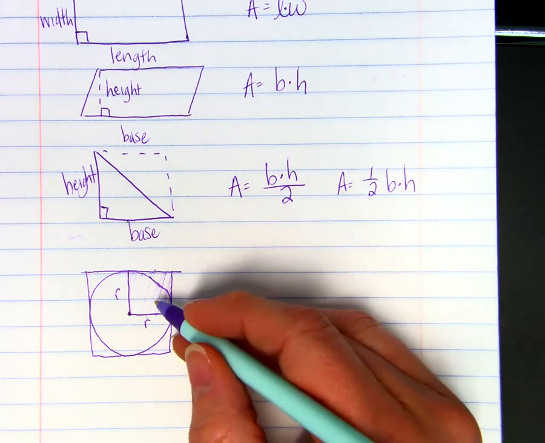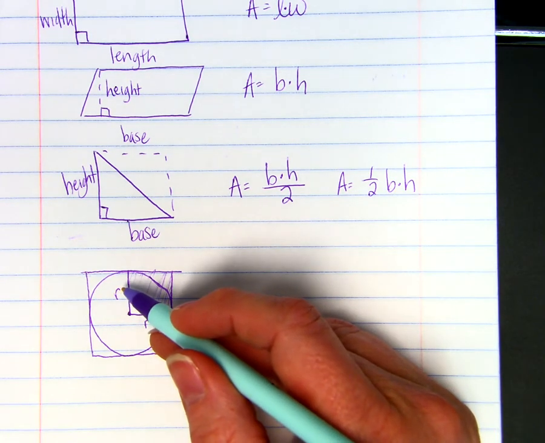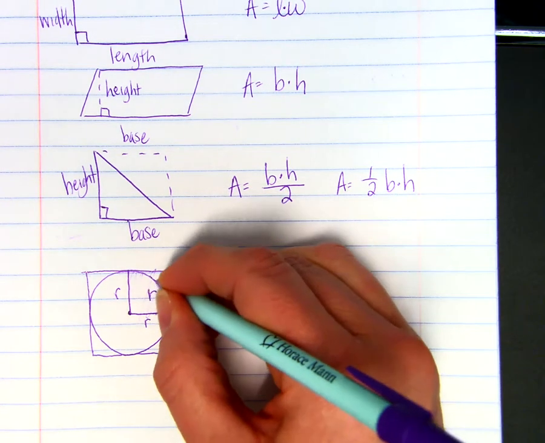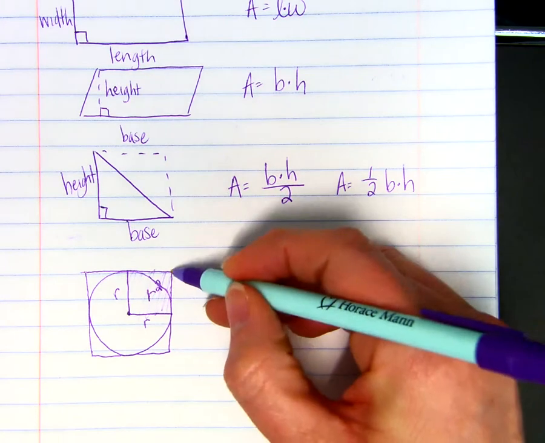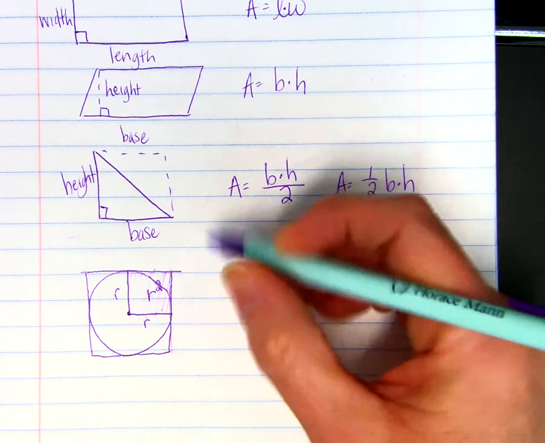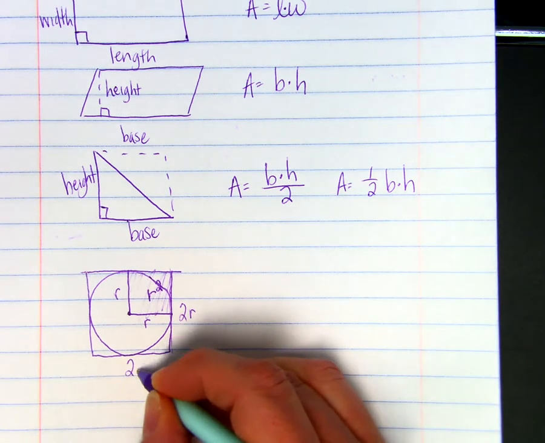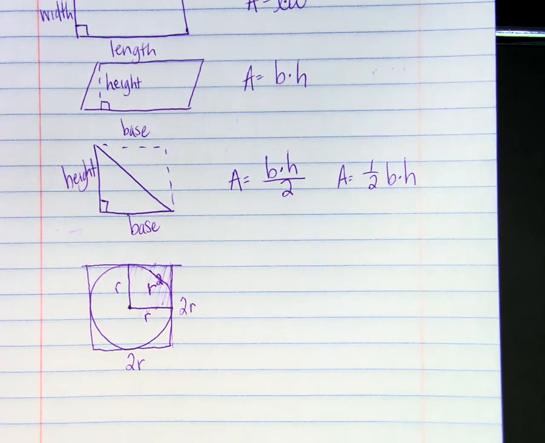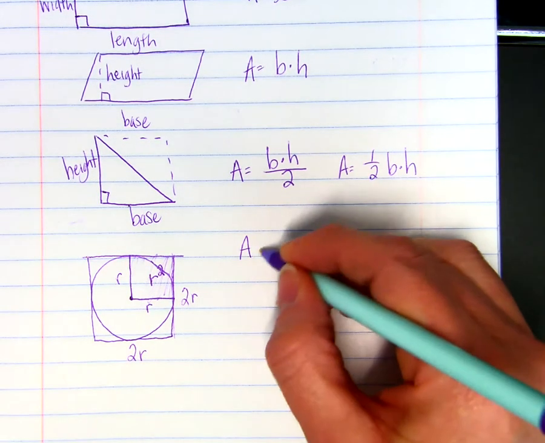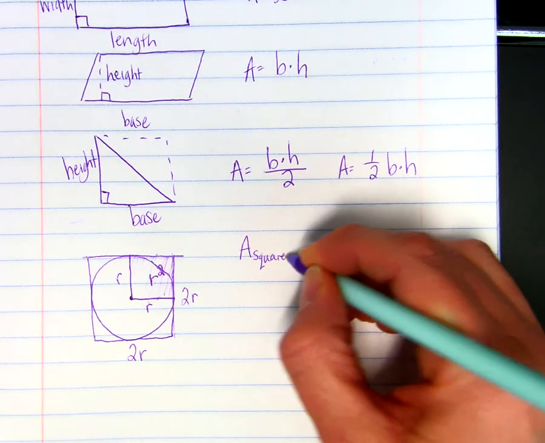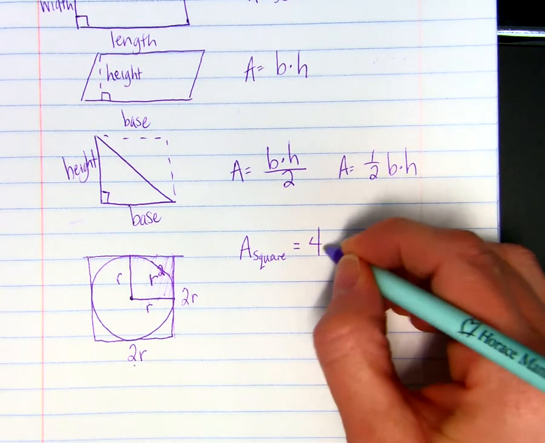The area of this square is the base times the height, or r squared, right? So that's the area of one square. The length of this square would be 2r. So the area of the big square is 4r squared.